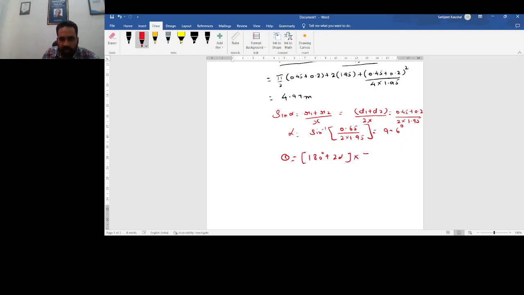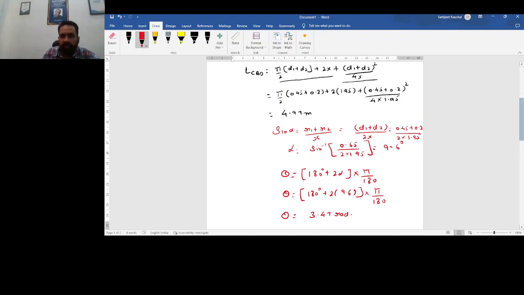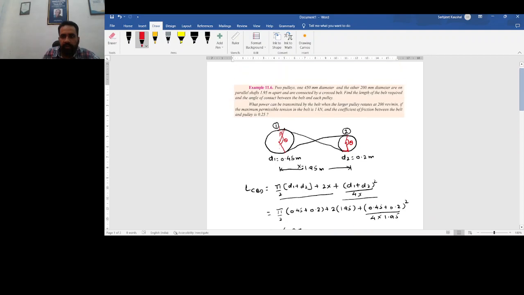Further, to convert it into radian, we multiply it with pi by 180. So theta becomes (180 degree plus 2 into 9.6) times pi divided by 180 degree. By calculating the whole values, the value of theta becomes 3.47 radian. So this is the value of the angle of contact.